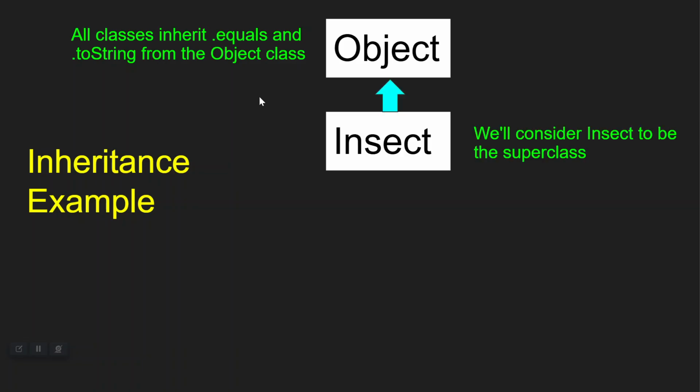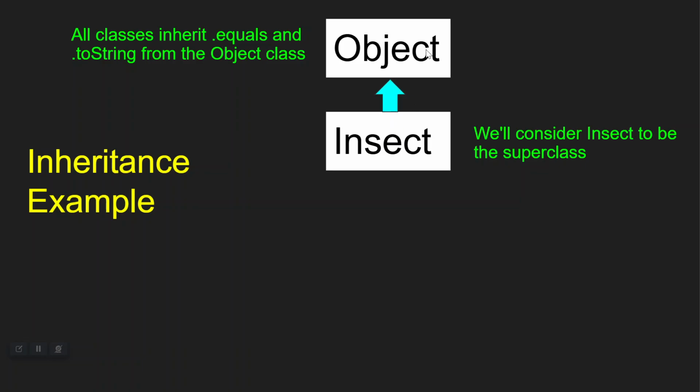Now if we want to create classes, let's say I wanted to create kind of an insect world. I might be tempted to make an Insect class, and even though the Insect class technically inherits from the Object class, all classes that we create inherit the same things from the Object class.